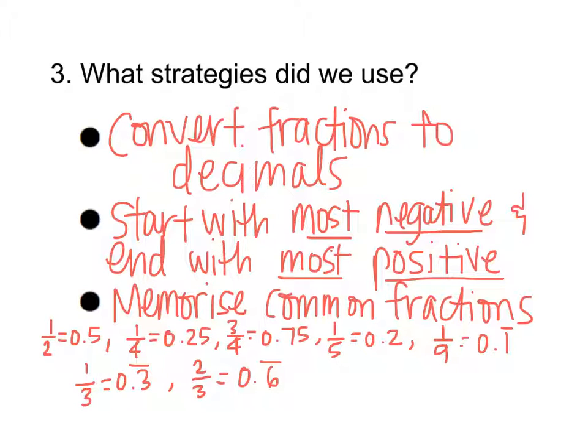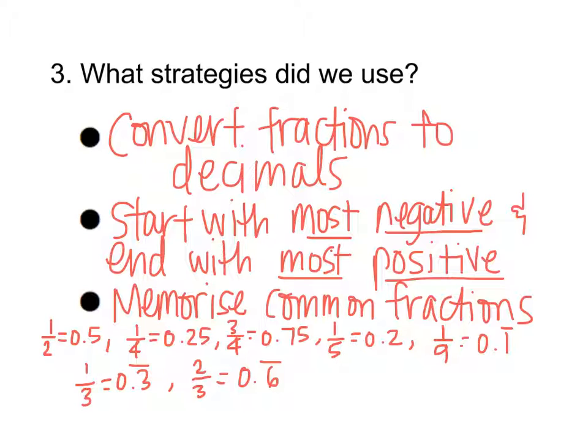1/5 is 0.2, because if we multiplied the top and bottom by 2, we would get 2/10, so 0.2. And with fifths, you could take that 0.2 and multiply it by whatever number's in the numerator to get your new fraction. So 2/5 would be 0.4, 3/5 would be 0.6, and so on. 1/9 is equal to 0.1 repeated, and that's a fun little trick that any number on top of 9 is going to be that number, that number repeated.